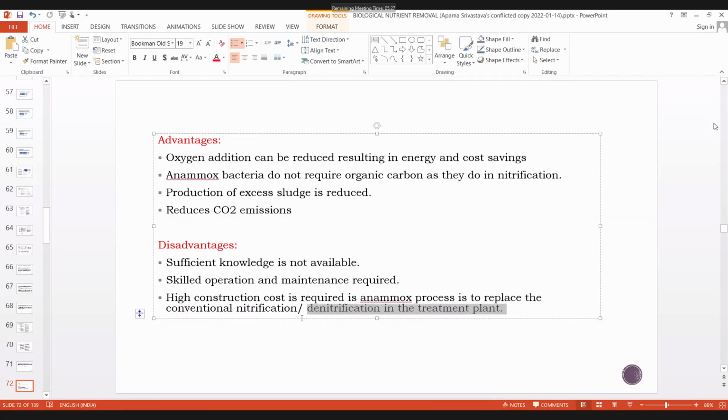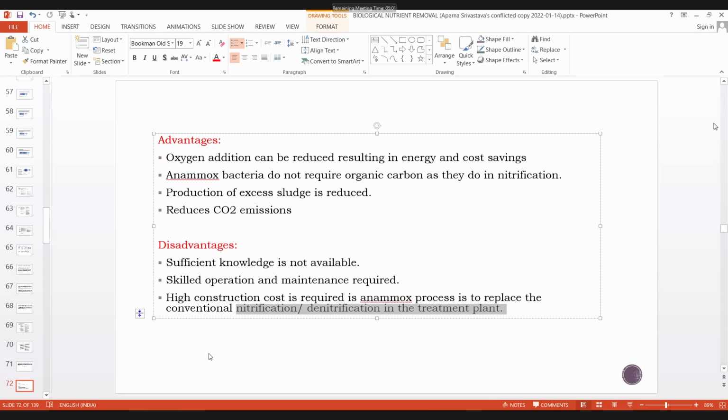Now, in a treatment plant that already has a nitrification denitrification process, you want to replace that process with NMOX. So generally people favor a treatment system which can be implemented in an existing treatment plant rather than a new treatment plant. Why do researchers focus on this?